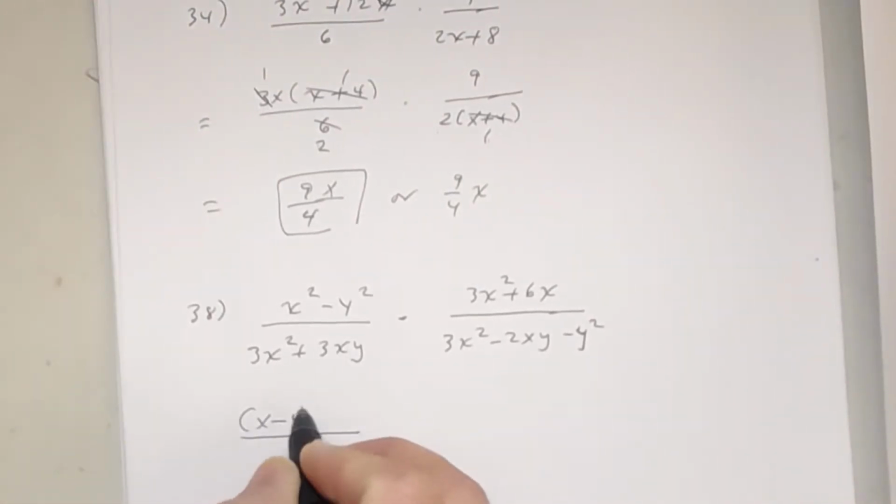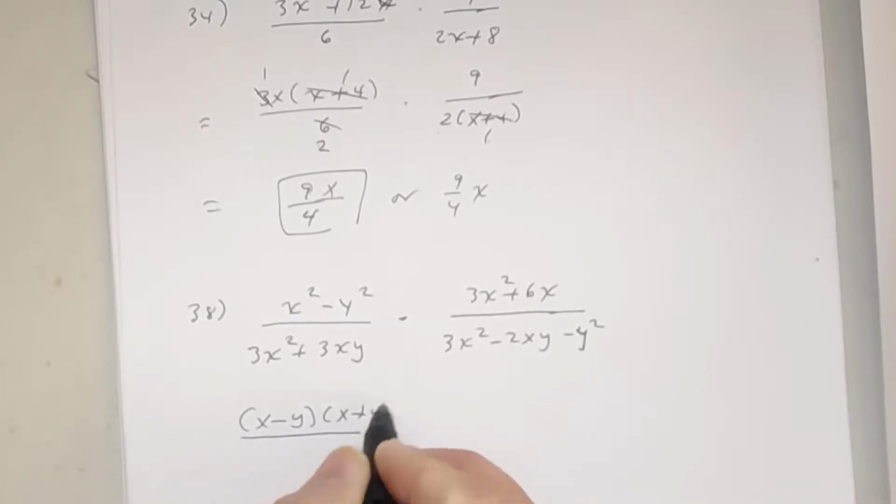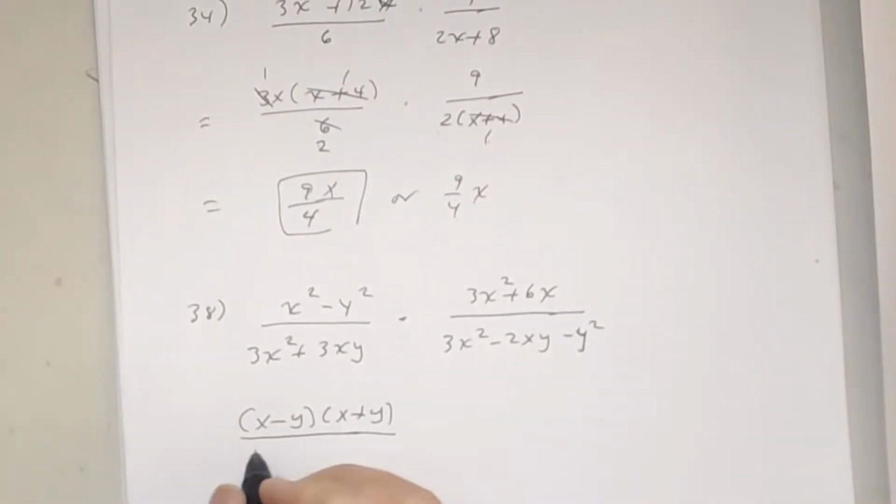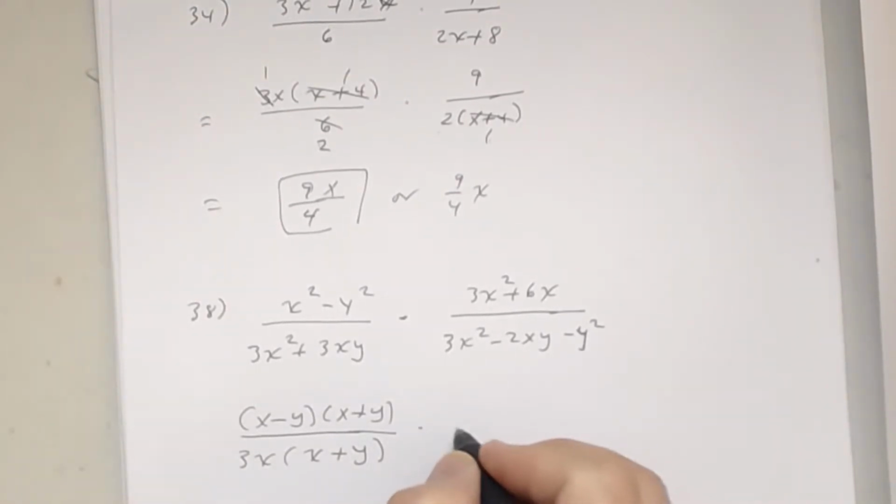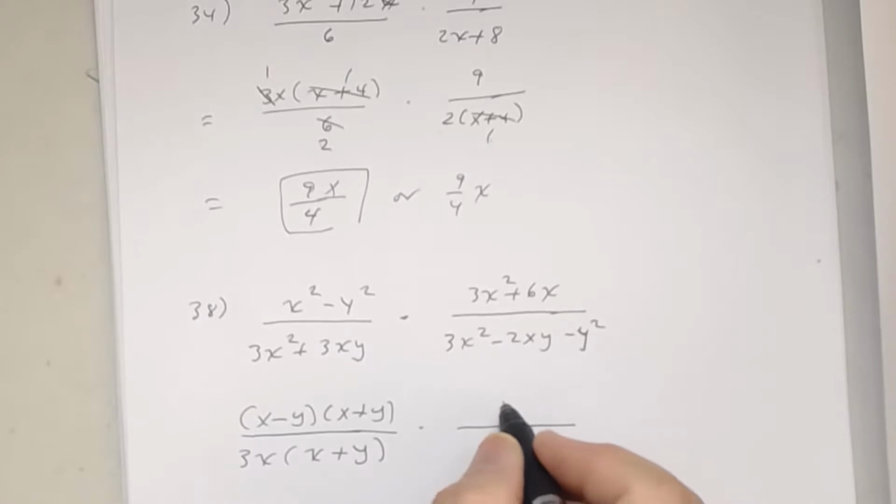Yep. What about the denominator? How do I factor that? GCF is 3x. So that's going to be 3x times what? X plus y, okay. How do I factor the numerator, that second rational expression?